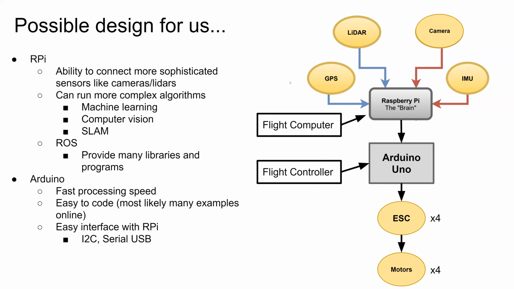So I'm proposing that we could use a Raspberry Pi as our flight computer, where it can interface sensors like a GPS, a LiDAR, a camera, an IMU, and it can give commands to an Arduino Uno, which could act like our flight controller. And then this Uno would interface to the electronic speed controllers, which connect to the motors.